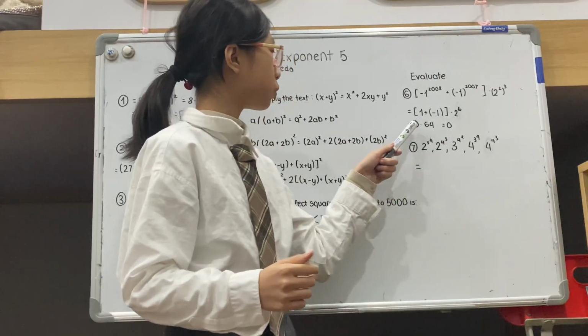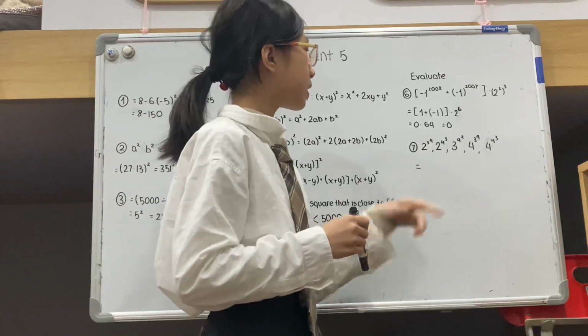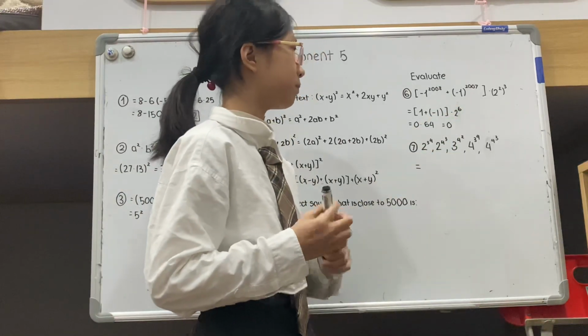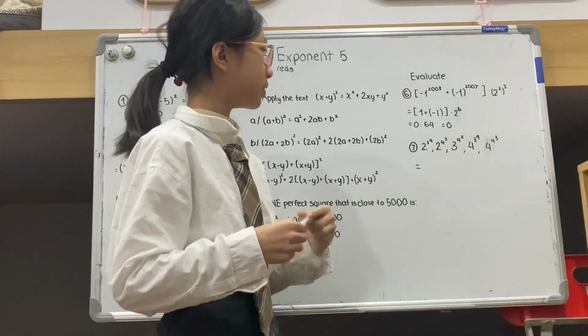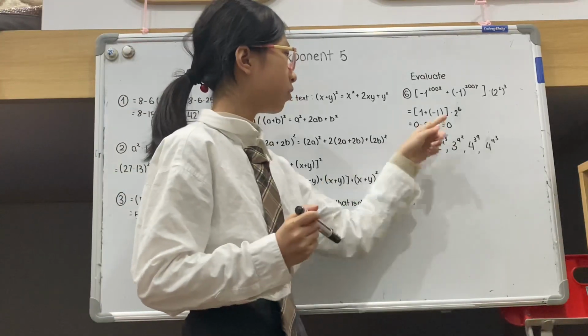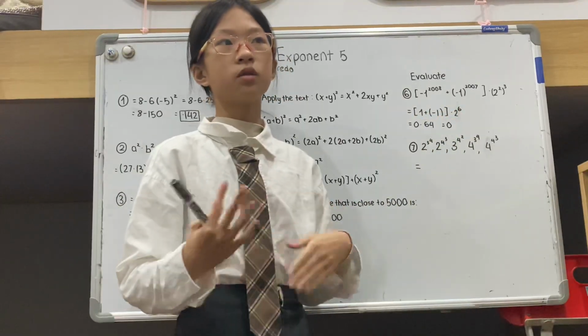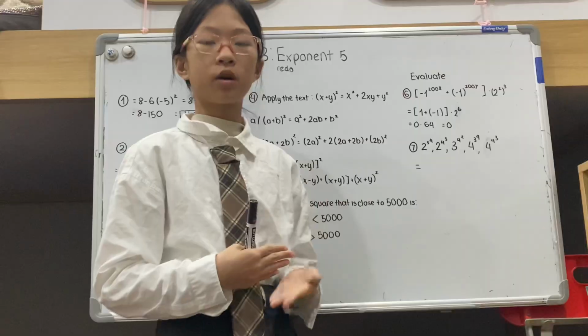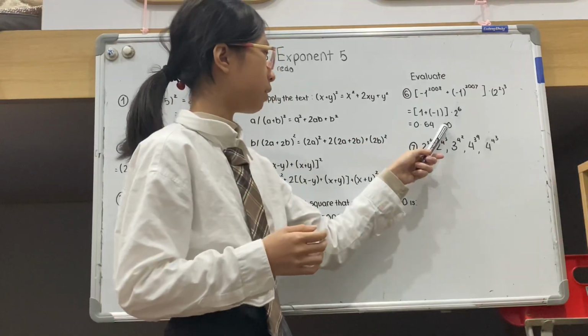Evaluate, which we have 1 plus -1 times 2 to the power of 6. Right now I have 0 times 64, which I evaluate. You know this rule, right? Every number times 0 equals 0, of course.